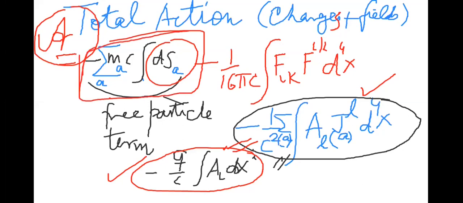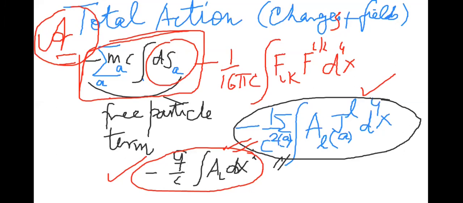The first term also included this summation. Now this summation is again over individual charges. So m_A means the mass of the particle which is labeled as A, and ds_A is the world line of that particle, and you have to do the summation over all such particles.